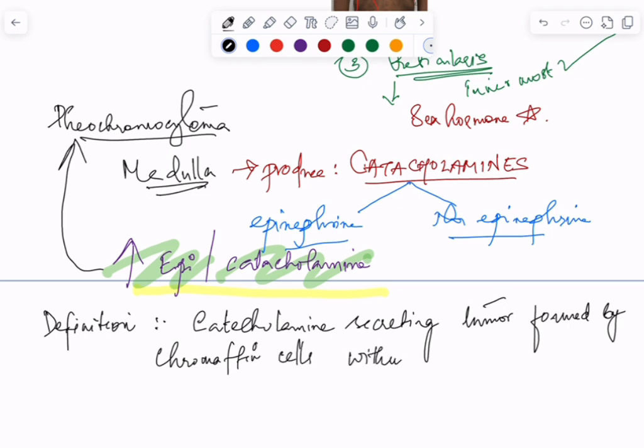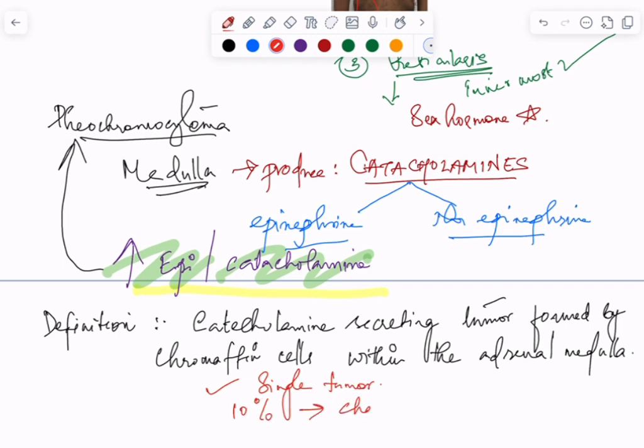Mostly it's a single tumor, and only 10% are malignant. So the chance of malignancy is 10%.